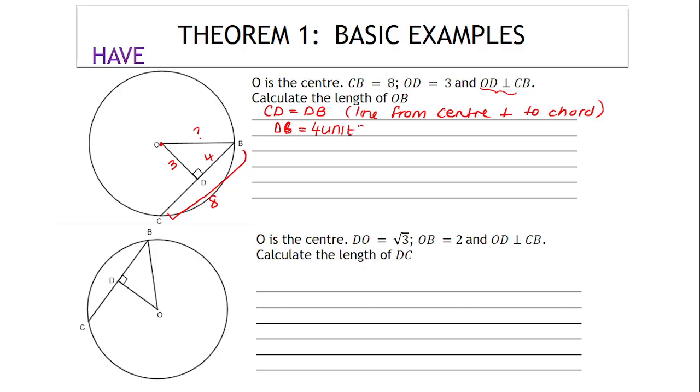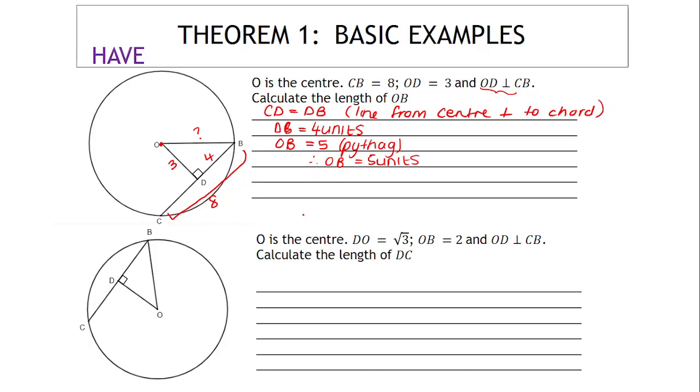Now we can work out OB. If you know your Pythagorean triples, you know that this is a 3, 4, 5 triangle. You're more than welcome to do Pythagoras. It's up to you, but I'm not going to. Let me conclude this because I didn't write my units. Great. Let's look at the next one.